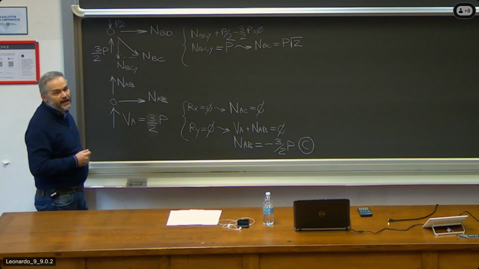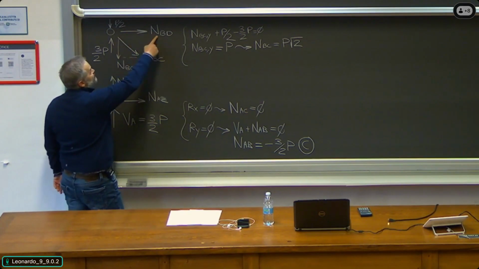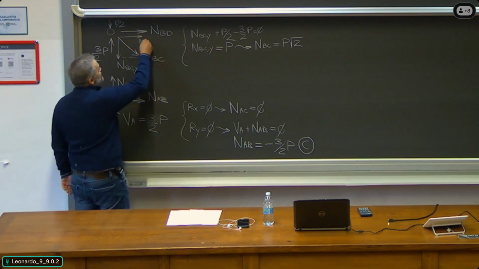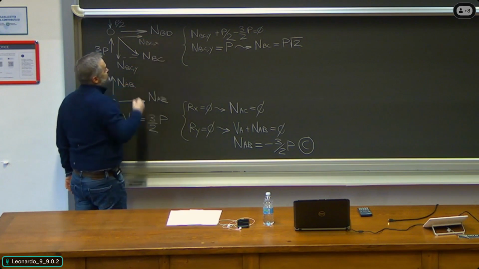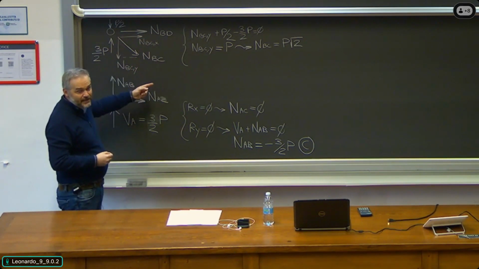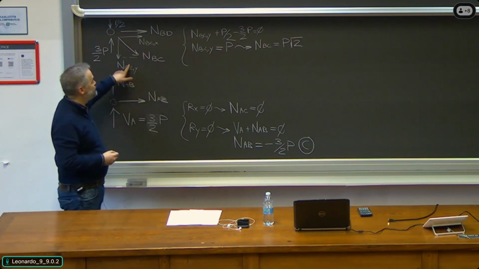Then, what do we have? The horizontal equilibrium. In the horizontal equilibrium, we have NBD, and we have the horizontal component of NBC, which would be NBCX, which, again, being NBC a diagonal of a square module, NBCX will be equal to NBCY. Okay?